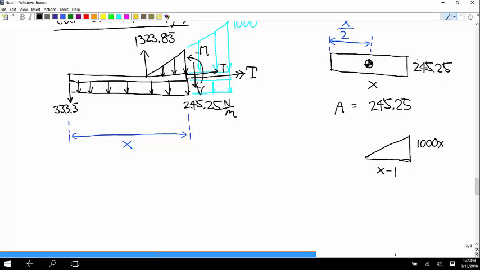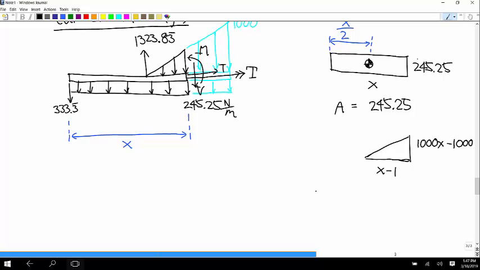So we have 1,000x. And now does it have a y-intercept? In this case, it does. You have a feel for what that would be? Yeah, it would be minus 1,000. So look, you can already see how ugly this is about to get.